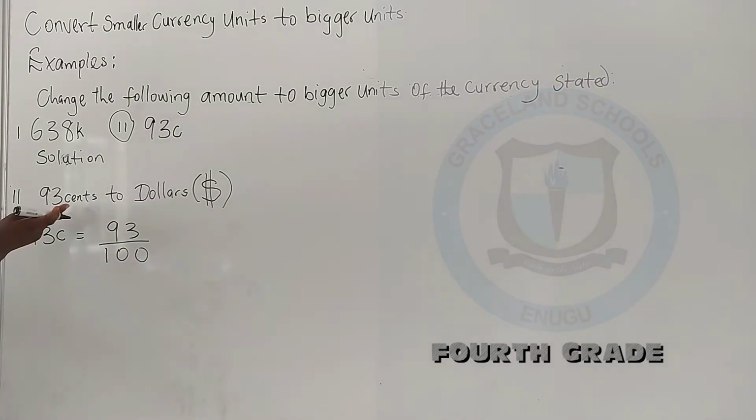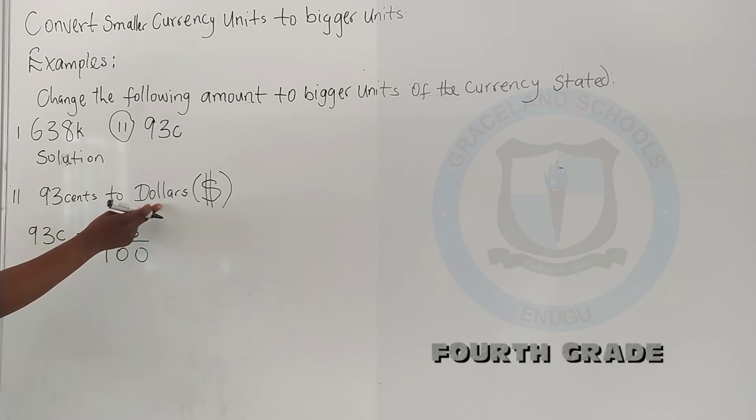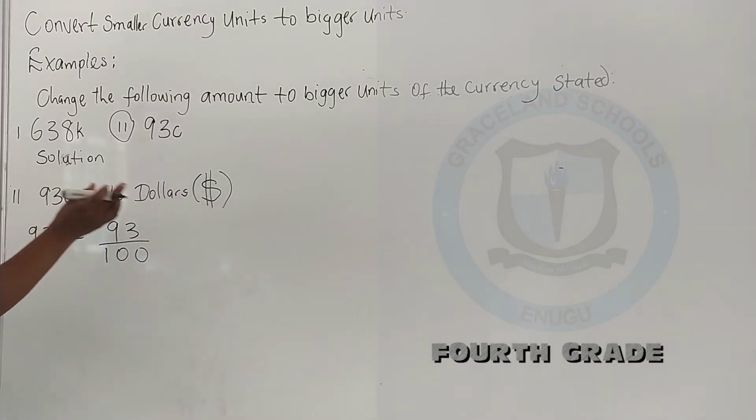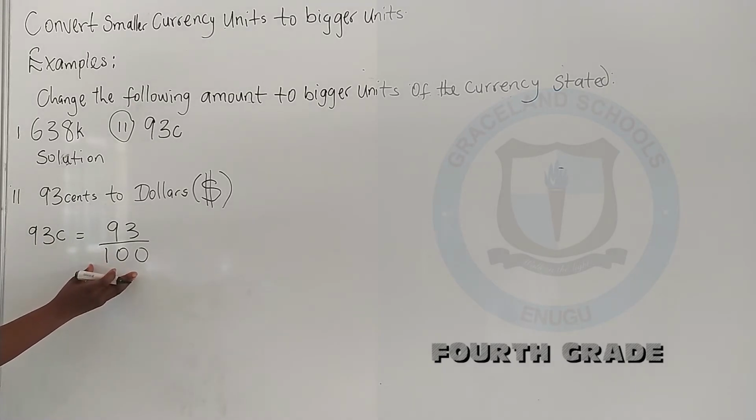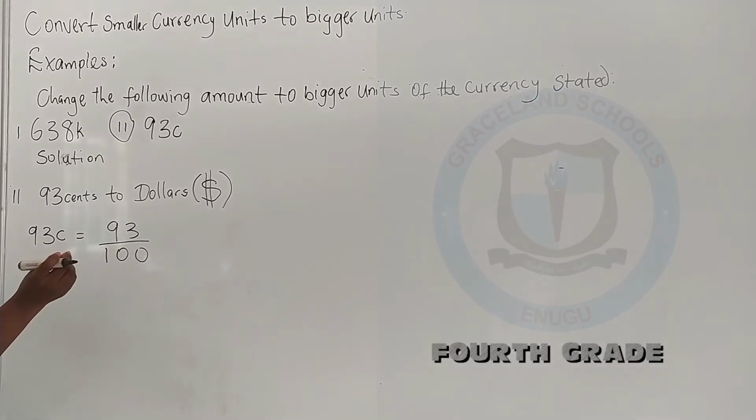Remember, this is the smaller unit and this is the bigger unit. We want to change this smaller unit to bigger unit. That's why we're dividing by 100. So count the number of zeros there. 1, 2. We'll shift it 2 places to the left.